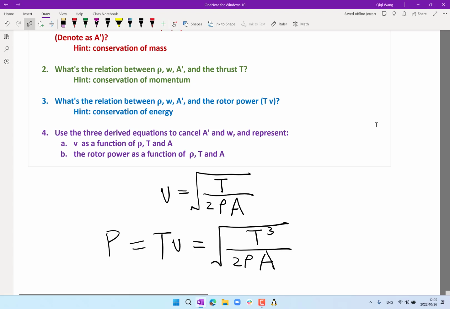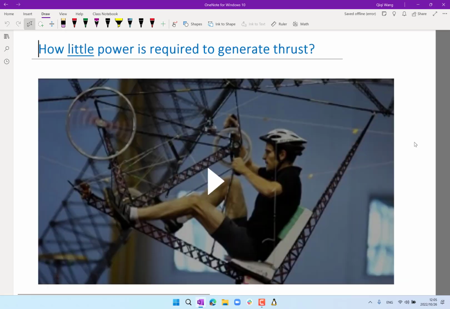So imagine you are being tasked to design a helicopter that can hover while carrying the weight of a human, while the only power input is the human itself. What would you do? A large rotor, right?